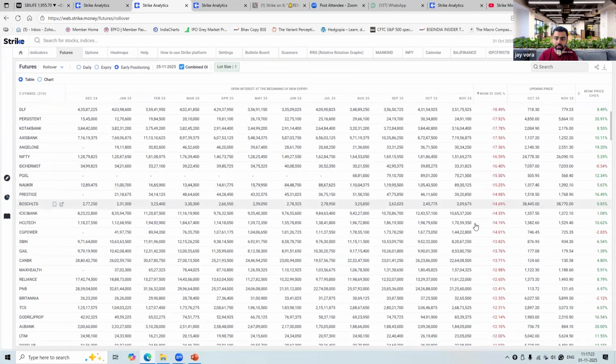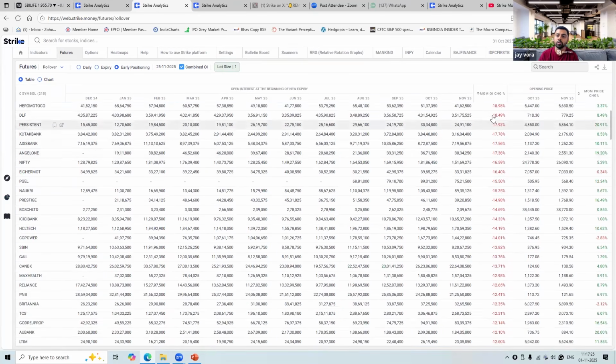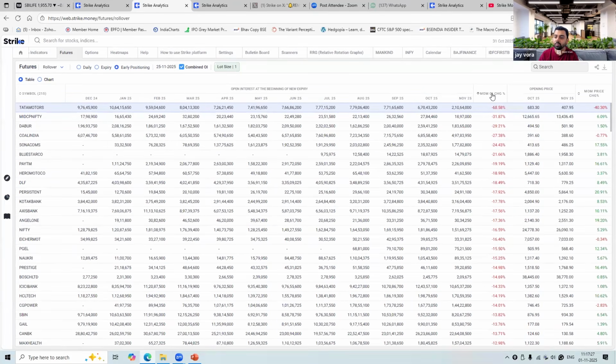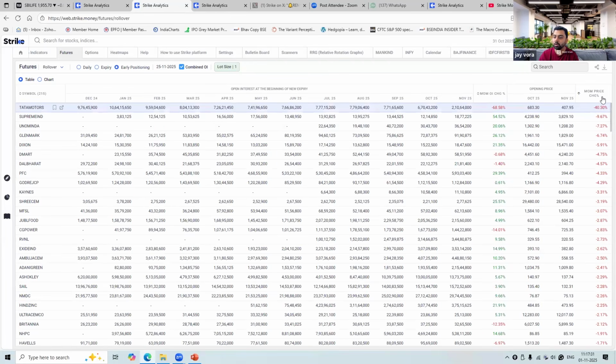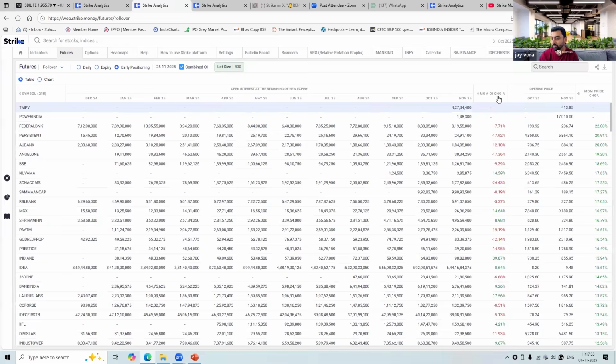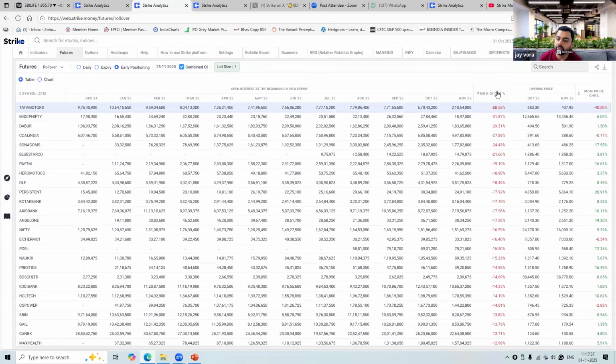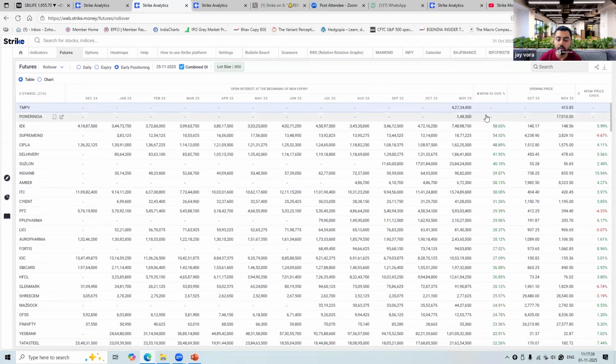There is this sorting available to you, where you can see where the OI is unwinding, and where the month on month prices have gone down a lot. These are all the things you will be able to sort out over here. I usually first try and see where the build-up has happened significantly. So IEX is there that we saw. Even Cipla. Now you see over here.